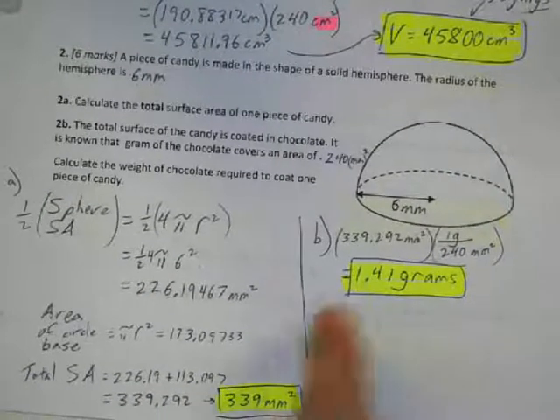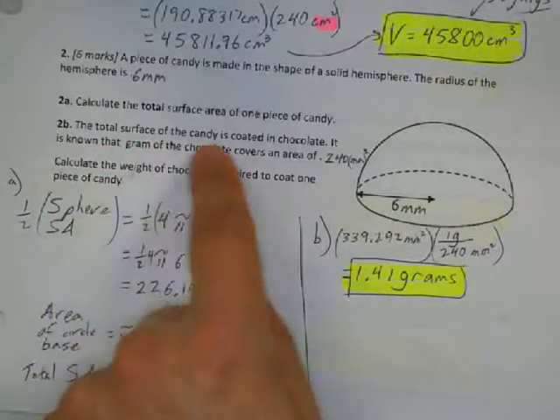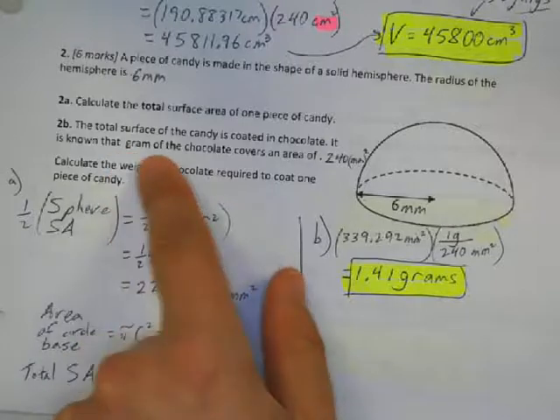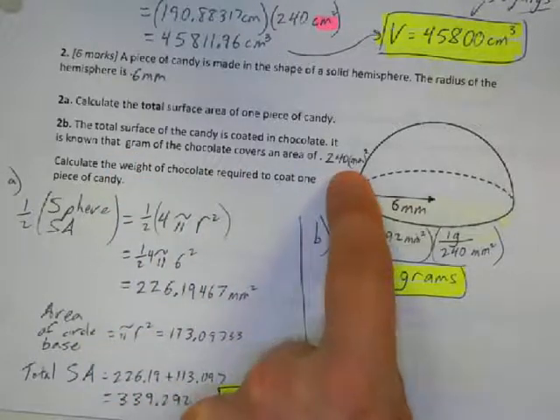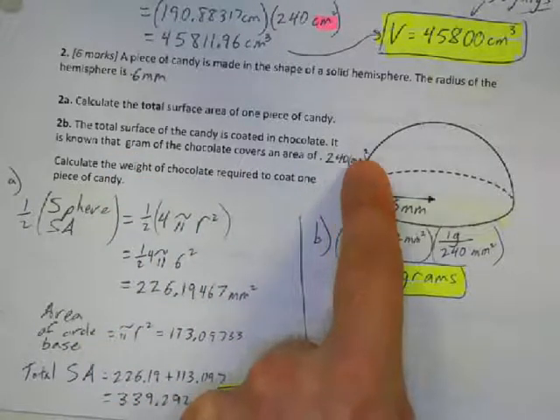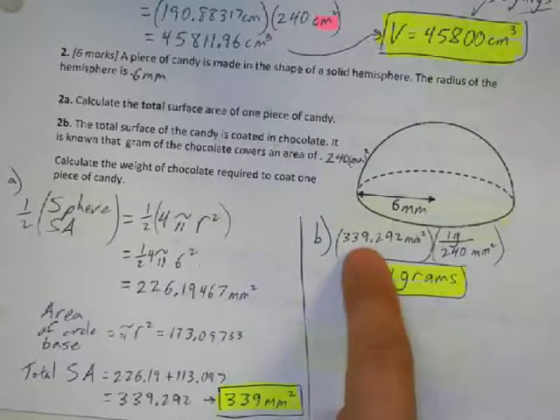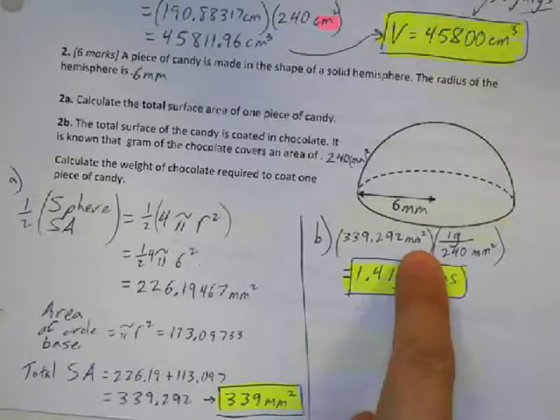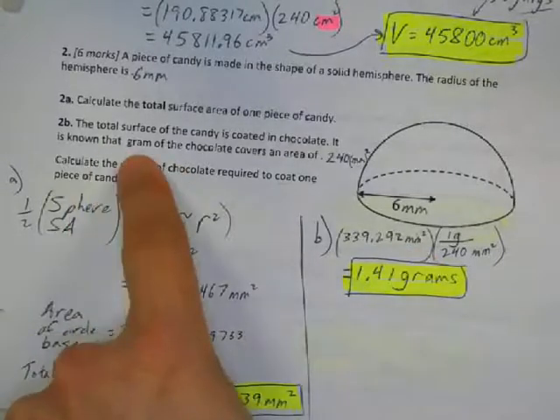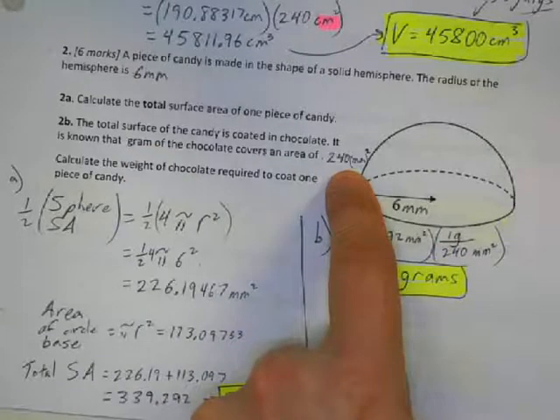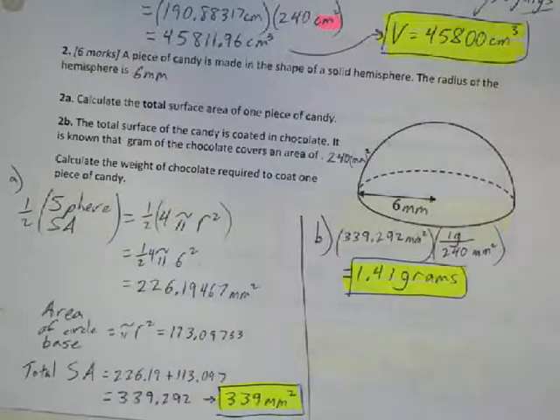And then question B, the total surface area of the candy is known for the gram of chocolate is equal to 244 millimeters squared. So we know that the surface area is 339.29 millimeters squared, and the conversion to grams is 1 gram is 244 millimeters squared. So this is one of the tricky things.